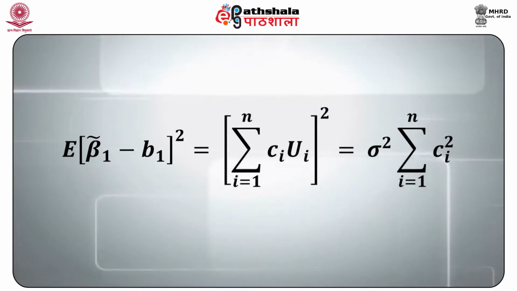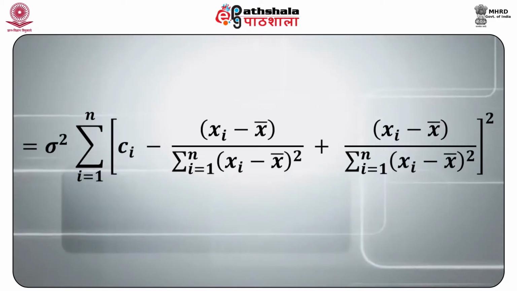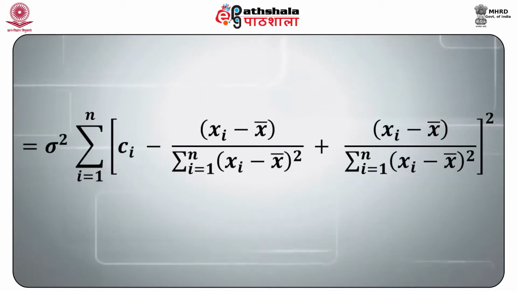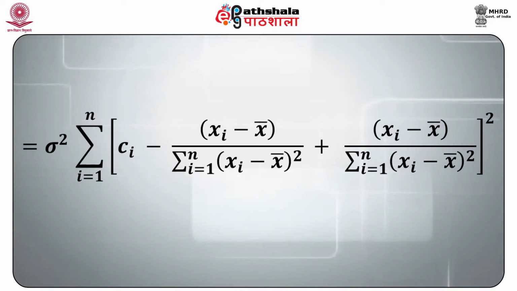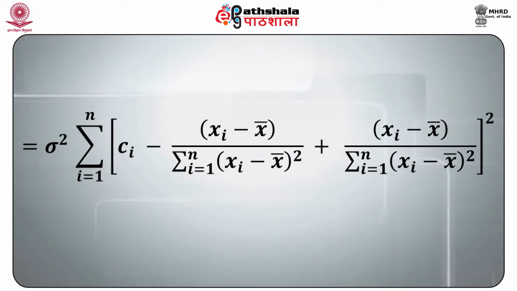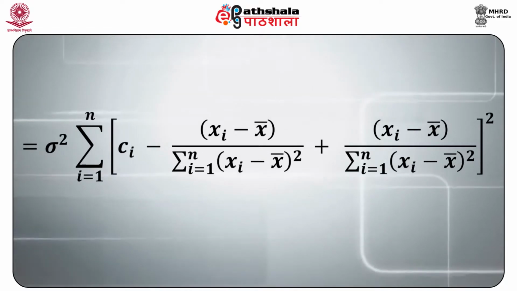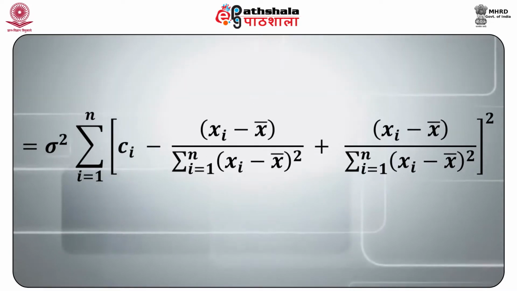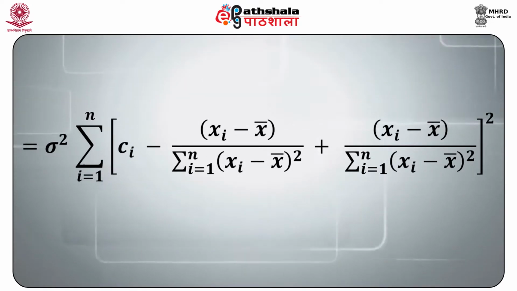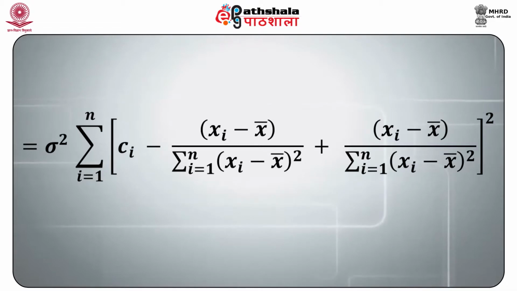and is equal to sigma square into sigma Ci square. Now this can be rewritten as sigma square into sigma of Ci minus xi minus x bar upon sigma xi minus x bar square, plus xi minus x bar upon sigma xi minus x bar square, whole square.